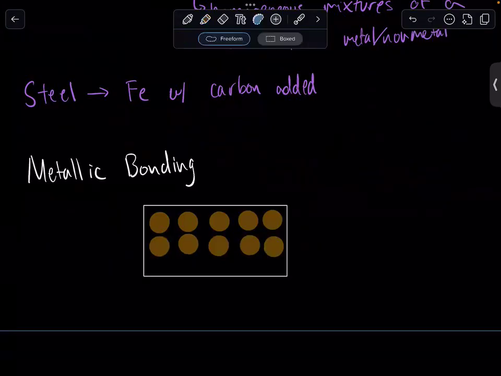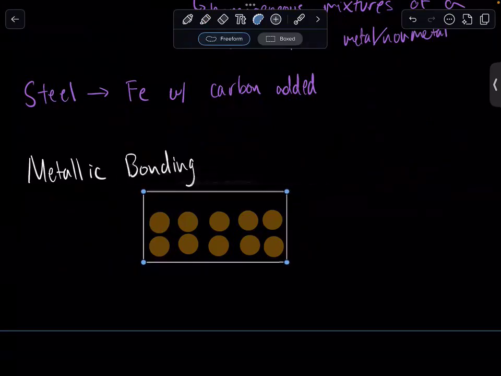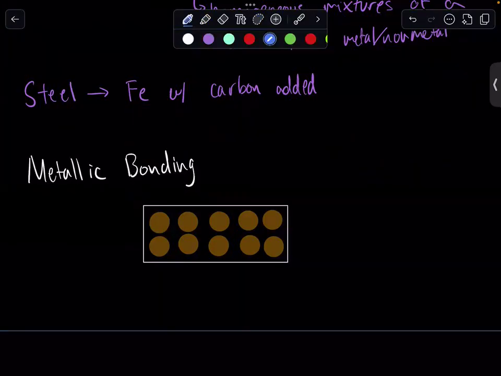And I think we only need two rows of it. So we'll shrink this a little. And within that structure, we have our negative electrons. So we have this lattice plus electrons. These are all creating electrostatic attractions with things close to them, and that's our metallic bond.